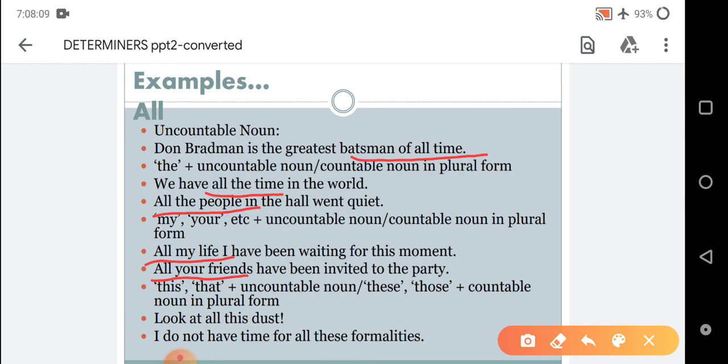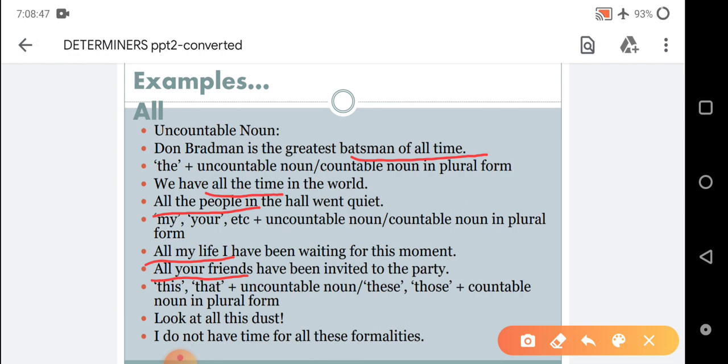The word all can also be used with demonstratives. Remember, we discussed there are 4 demonstratives: this, that, these, those. This and that are used in combination with uncountable noun, and these and those can be used in combination with countable noun in plural form. Again, a very interesting example from your day-to-day lives is when your mom tells you, look at all this dust in your room.